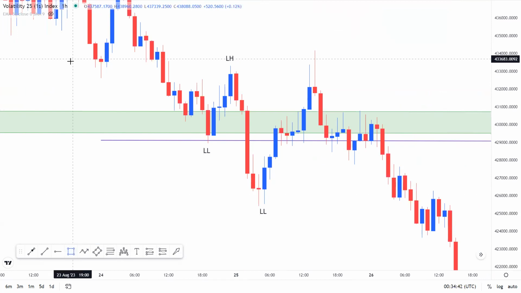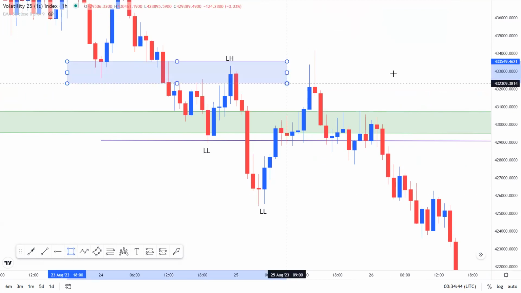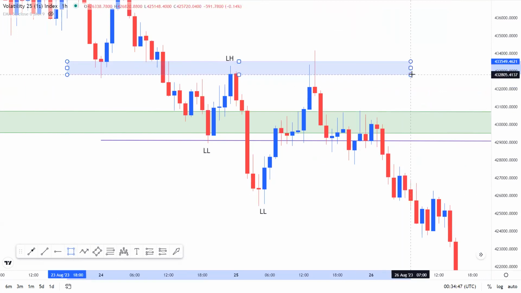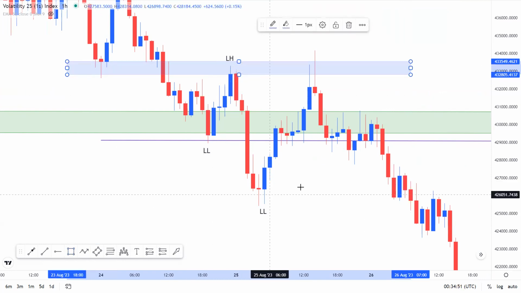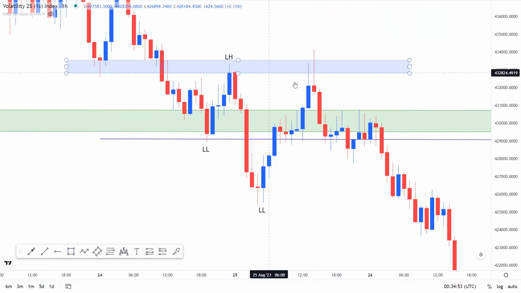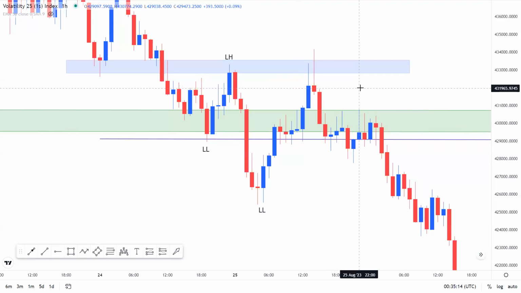And then as long as we stay below this price level, it's safe to say that we have the market structure still very much in the bearish market structure. And then anywhere within this previous lower high and this most recent lower low is a safe spot for potential selling opportunities. It's a safe area for potential selling opportunities.